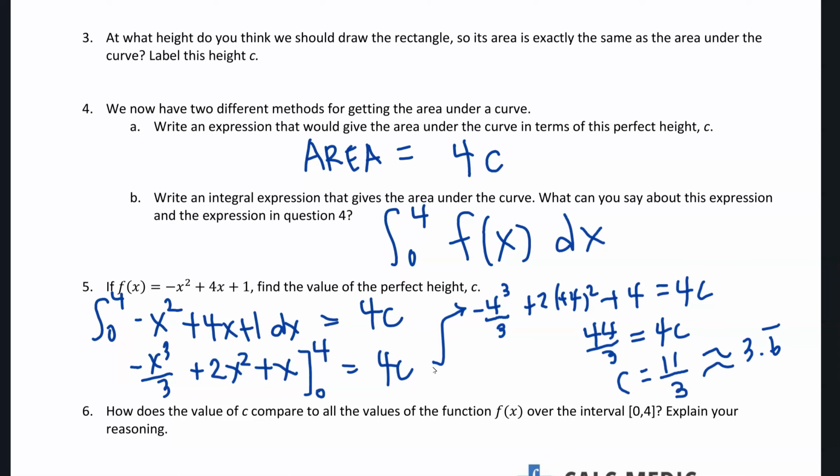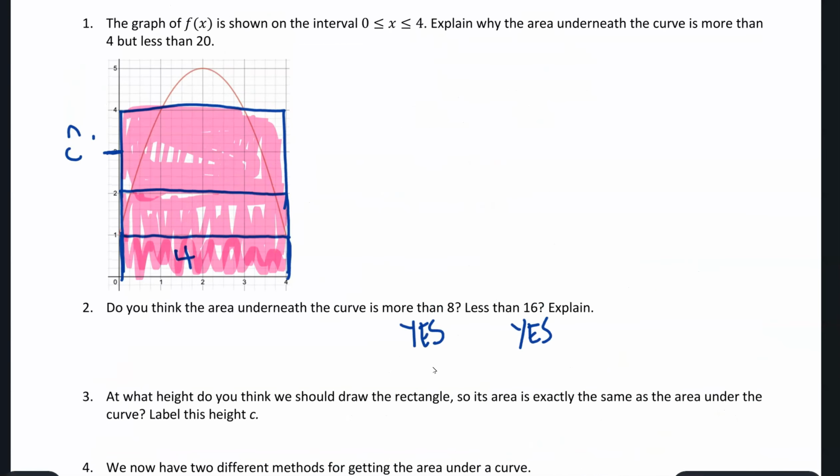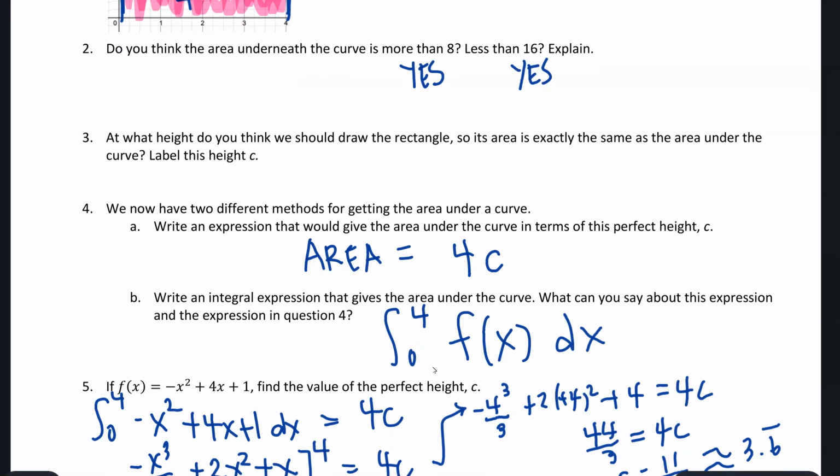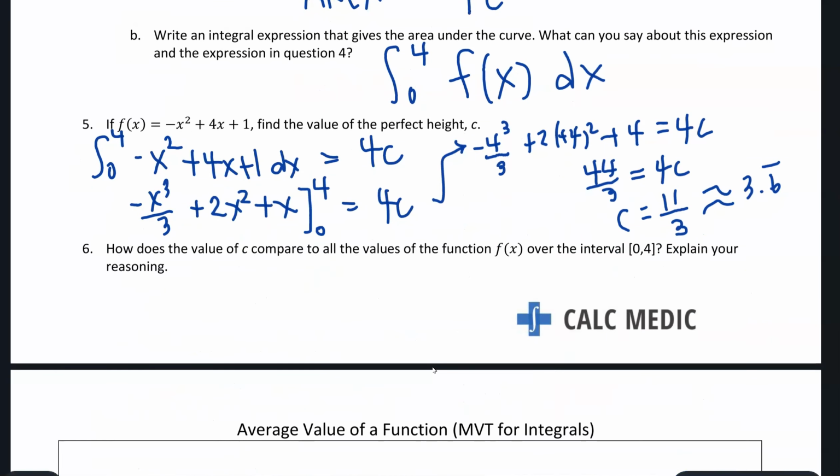Was that close? Not really. So 3.67, that's going to be where? Somewhere past 3, maybe like right here. And that will give me the perfect area. So the average value there.